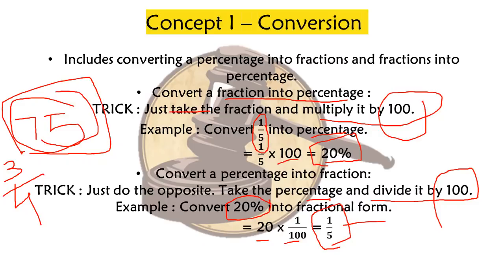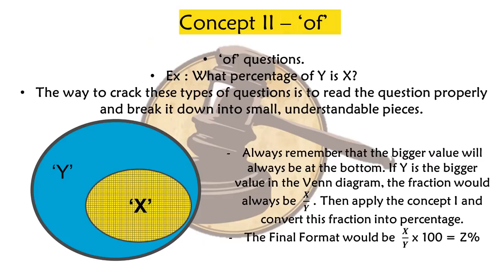What this will do is ease up your calculations, and it will speed them up. So if someone asks you what is 75%, you have your answer 3 by 4 ready. So you just try to remember these, make a table of these things. It will be helpful in your question solving while you're sitting there with limited time. Let's move on to the second concept.